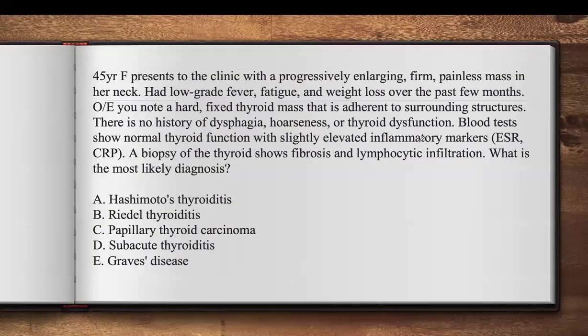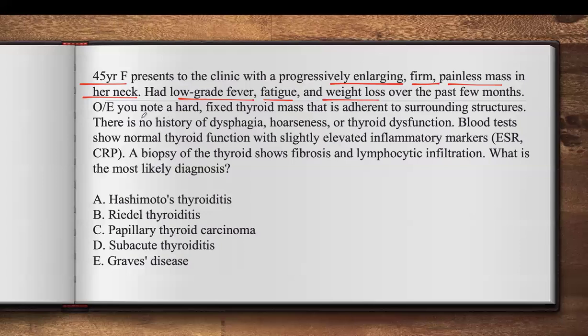Next question. This is a fairly new question. A 45-year-old female presents to the clinic with a progressively enlarging, firm, painless mass in her neck. She had a low-grade fever, fatigue, and weight loss over the past few months.